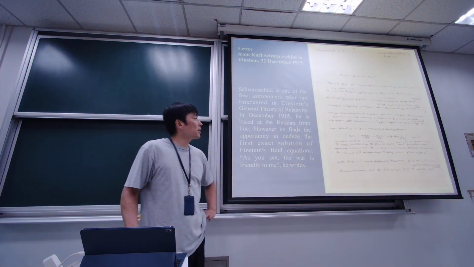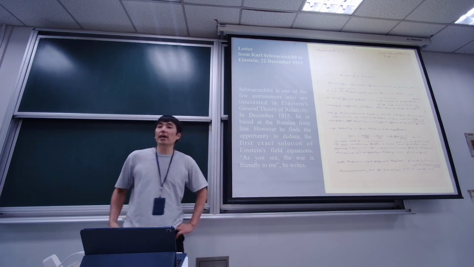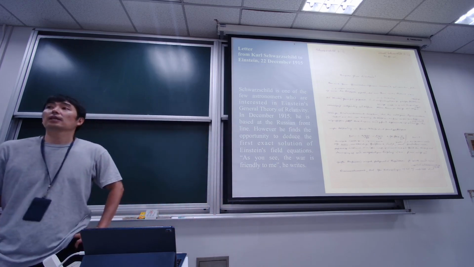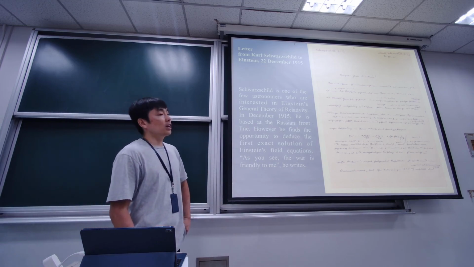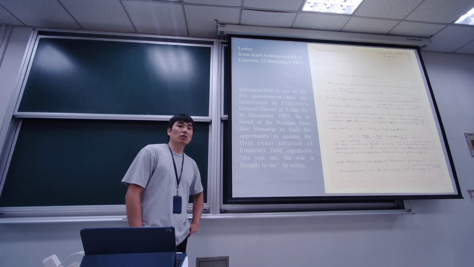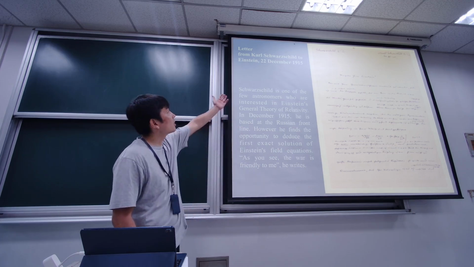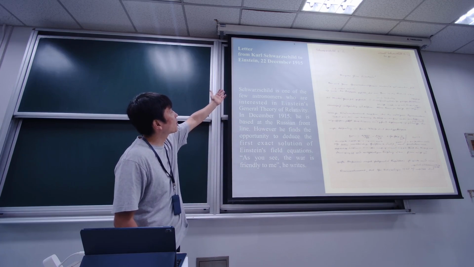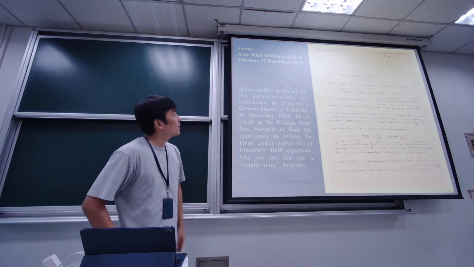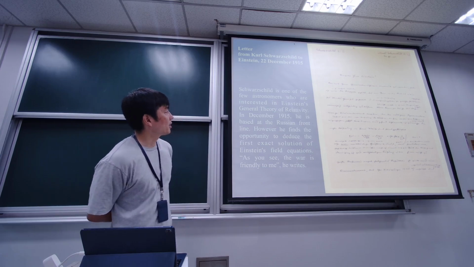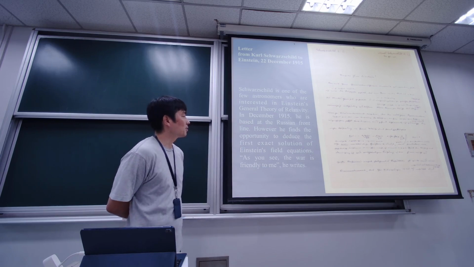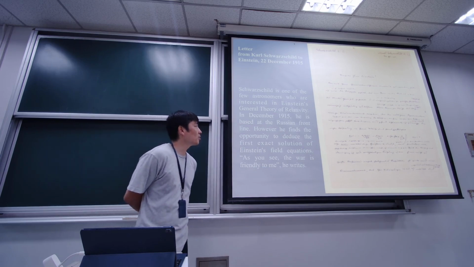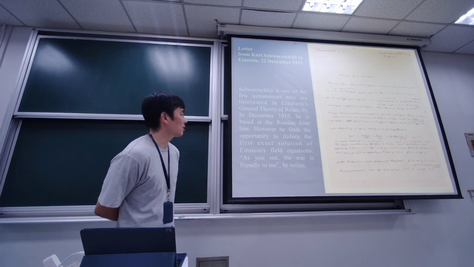And before that, a few months after the birth of GR, Schwarzschild found one exact solution. Here is an amazing letter from Schwarzschild to Einstein. He was at the Russian front in World War I, I think.